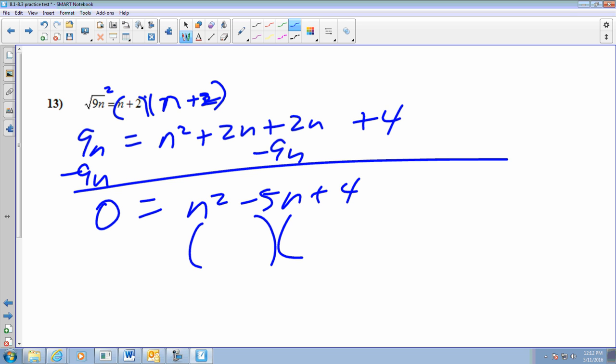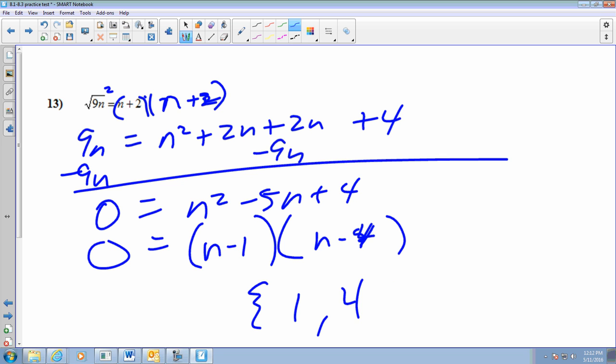That's factorable, so I'm going to use that method, which gives me n minus 1 and n minus 4. And so I get my two solutions are 1 and 4. Now, when I do that, I need to check to make sure that both of those answers work.